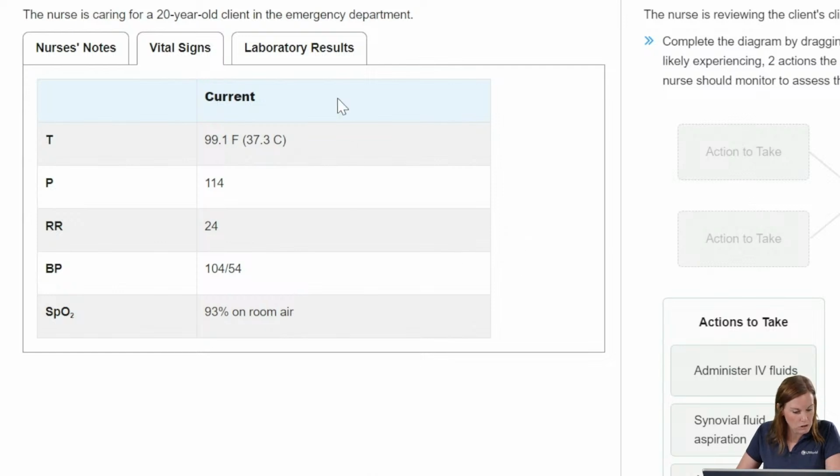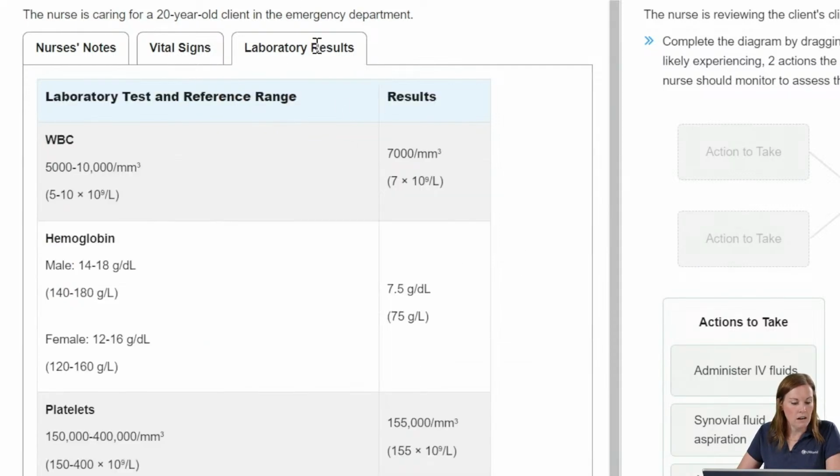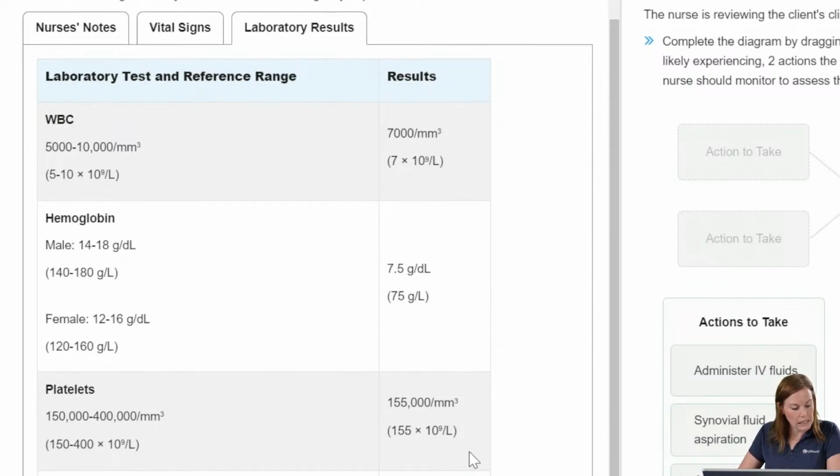Respirations are high. Blood pressure seems to be a little low. Oxygen seems to be a little low too. And then our lab results, I'm seeing no infection. Hemoglobin seems low. Platelets and reticulocytes seem elevated. Okay, so we're going to keep all of that in the back of our mind.